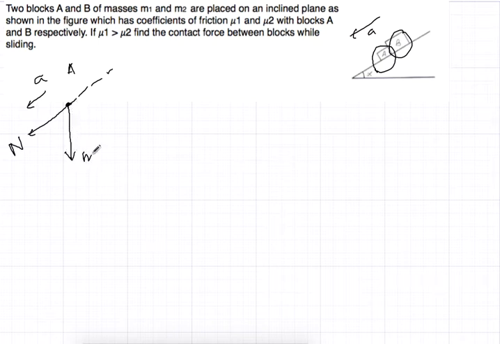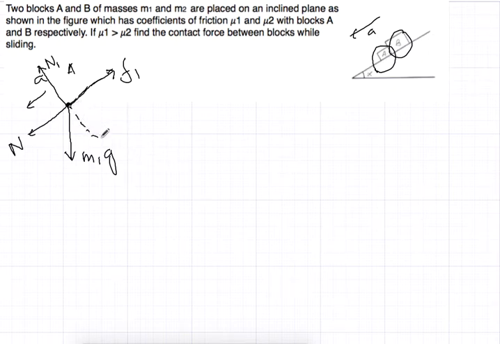What are the other forces? There is m1g, there is friction in the opposite direction, say F1, and there is a contact force N1. N1 is the contact force by the inclined surface on A. Very standard, right?